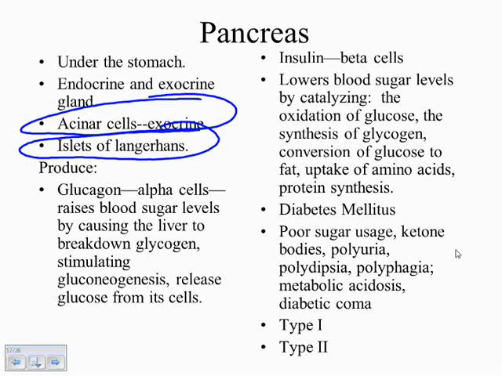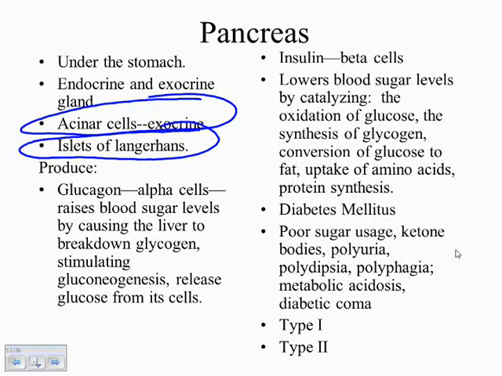The reason it's called that is, if this is the pancreas, it's sort of shaped like this. Most of the pancreas is exocrine. Most of the pancreas is made of those acinar cells. But every now and then, there's a patch, like so. So you can see this might sort of look like an ocean, and these look like little islands.